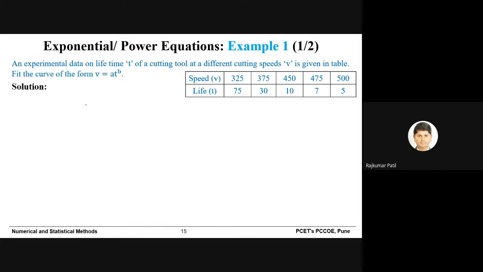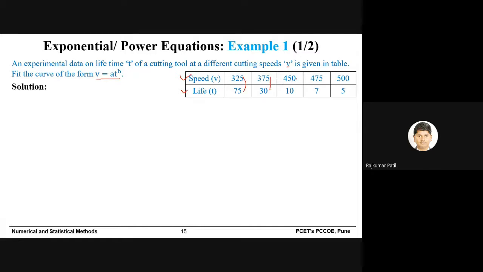Okay, now let's take one example. An experimental data on lifetime t of a cutting tool at different cutting speed v is given in the table. Fit the curve of the form v is equal to a t raised to b. In the table you can see the cutting speed is given, and the life of the tool is given, and for the corresponding v you can see the corresponding t.